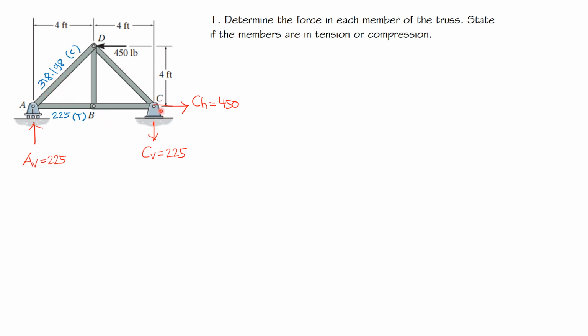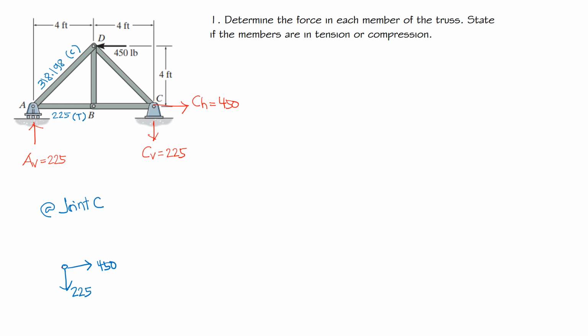Next is considering joint C. For joint C, we have Cy, which is 225. We also have Cx, which is equal to 450. And then the unknown members.